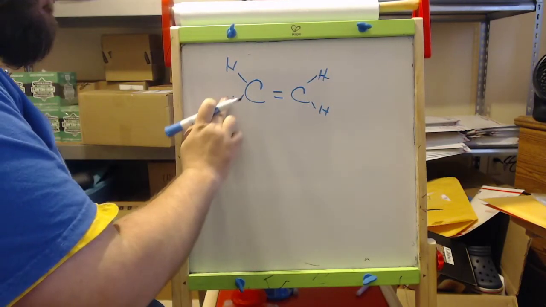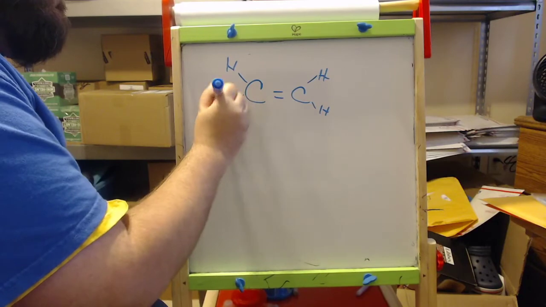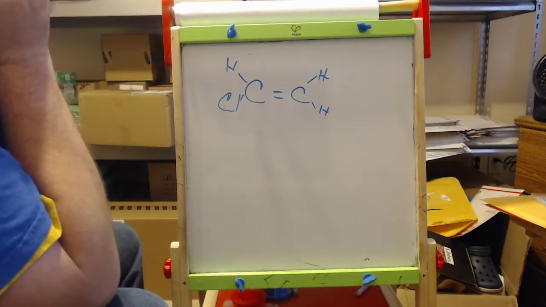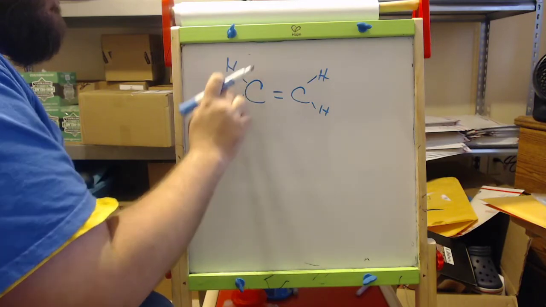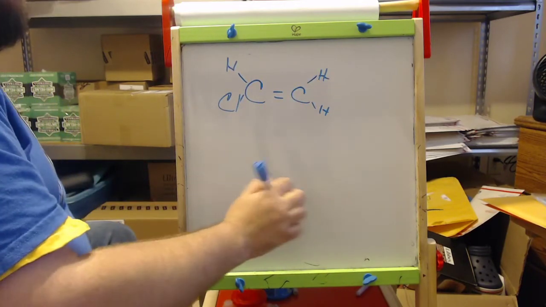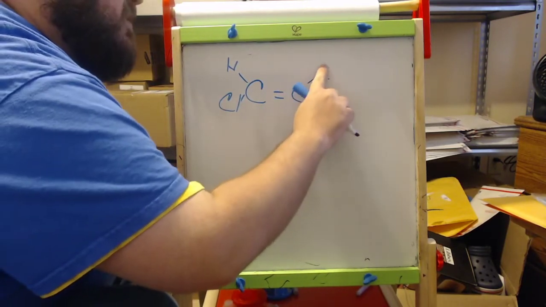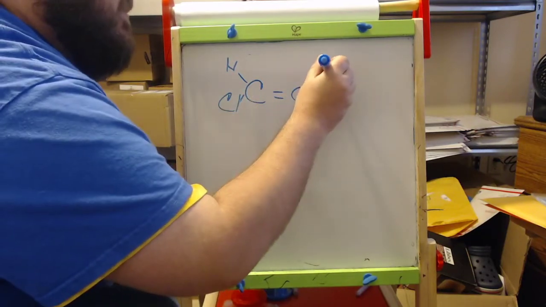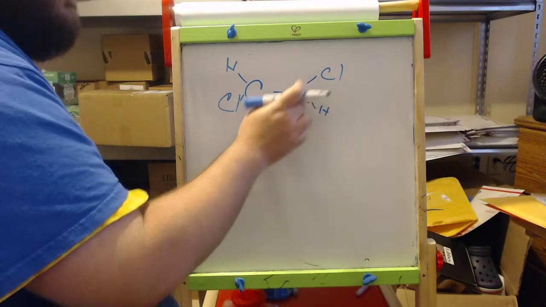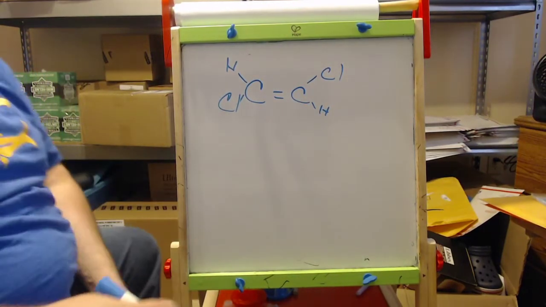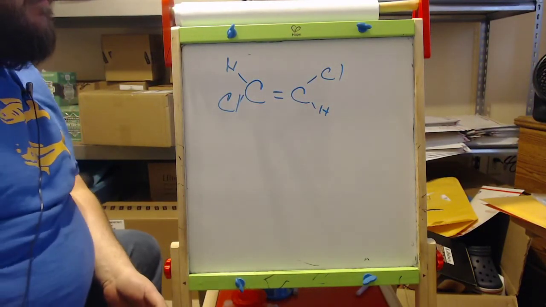If there's only one, there is no cis and trans. There's no cis and trans because it doesn't matter if chlorine's here or here, its partner is going to be hydrogen. In order for cis and trans to work, the carbons in the pi bond, one of them has to be bonded to something different. This also has to be bonded to something different. Okay.